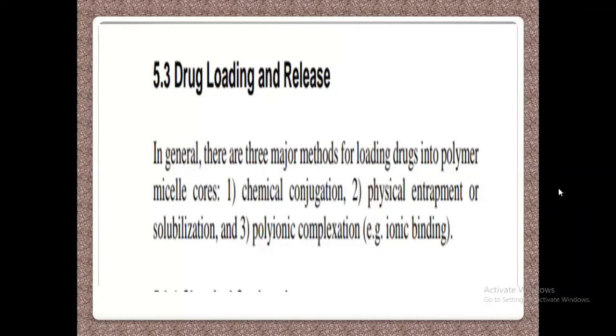Drug loading and release. In general, there are three major methods available for loading the drugs into polymer micelles. And what are these three methods? First method is chemical conjugation method.